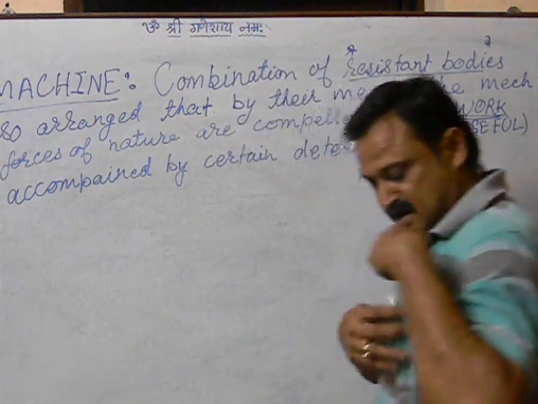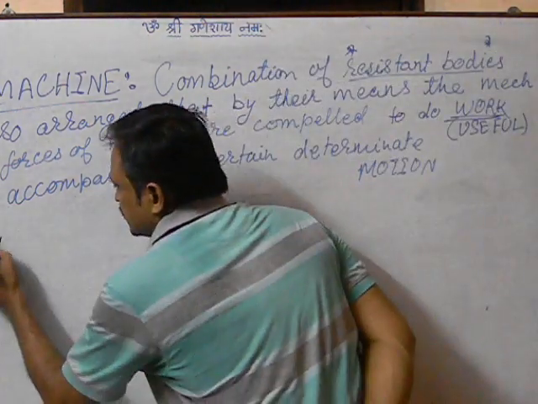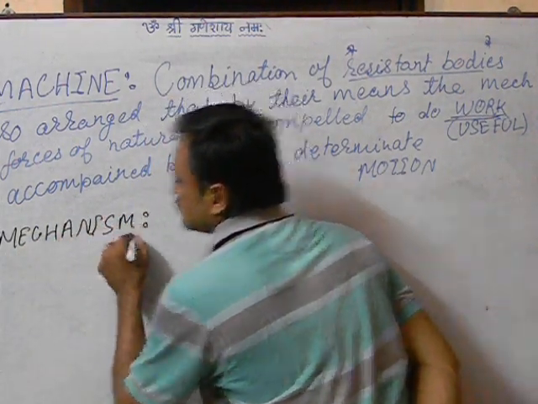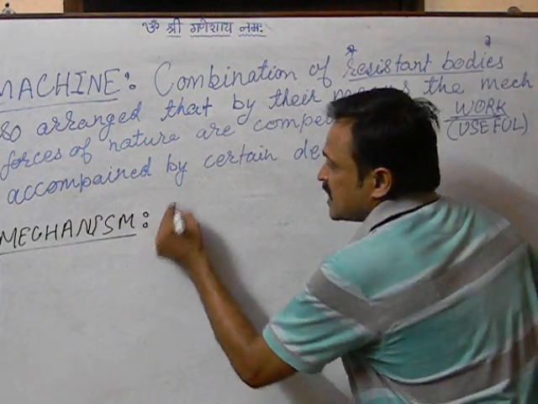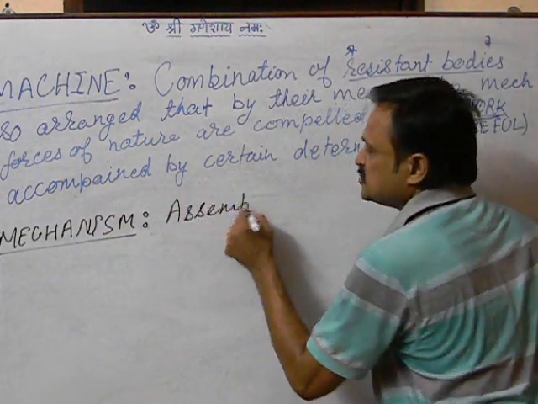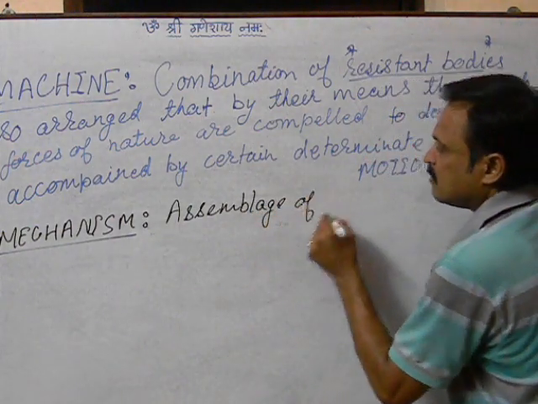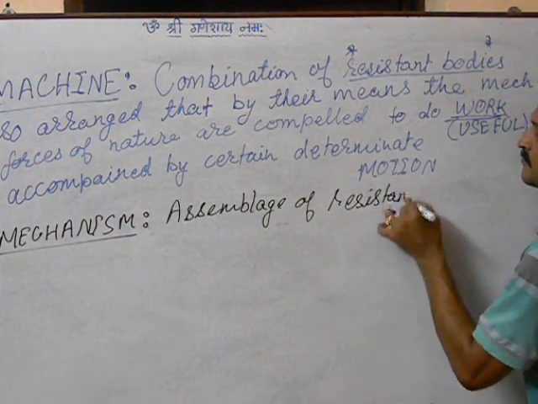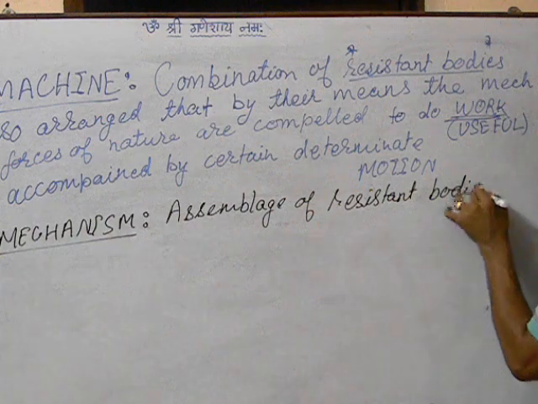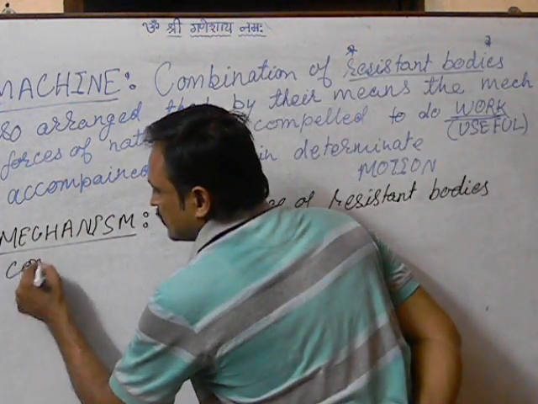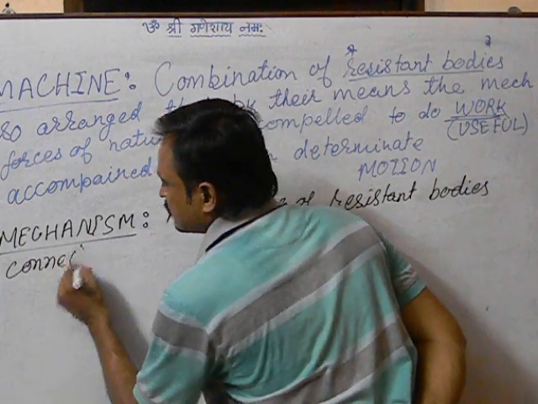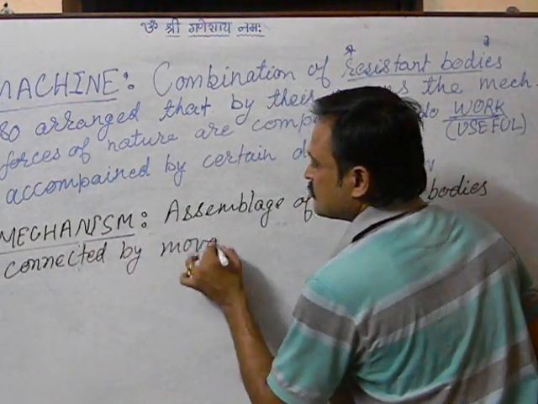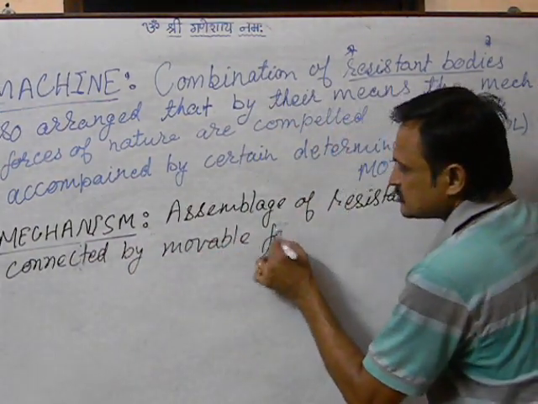Now, in this regard, we can define what is a mechanism. So what is a mechanism? We can say a mechanism is an assemblage of, again definitely, resistant bodies connected by movable joints.